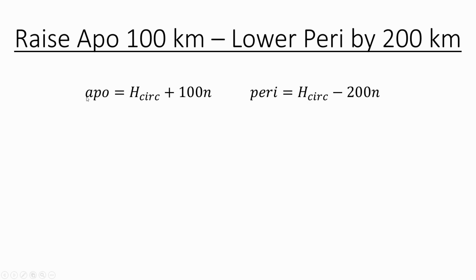I've got two equations. My apogee is going to be whatever the height of my circular orbit is, plus 100 times some number n. So for instance, if my circular orbit started at, say, 2,000 kilometers, and I wanted to raise it by one step, n would be equal to 1, and I would have 2,000 plus 100 is 2,100.